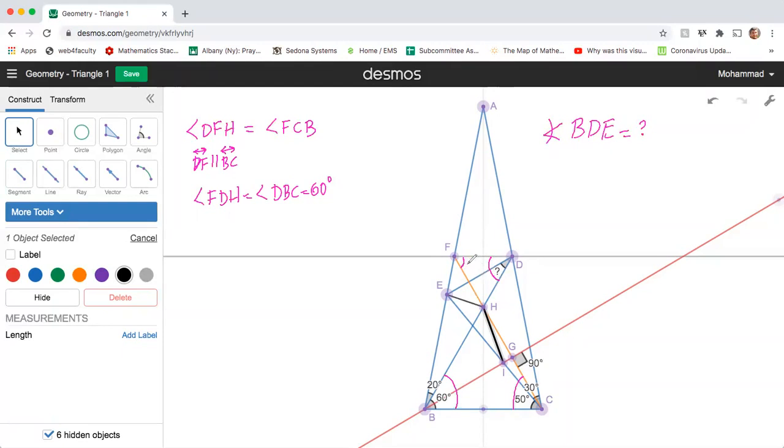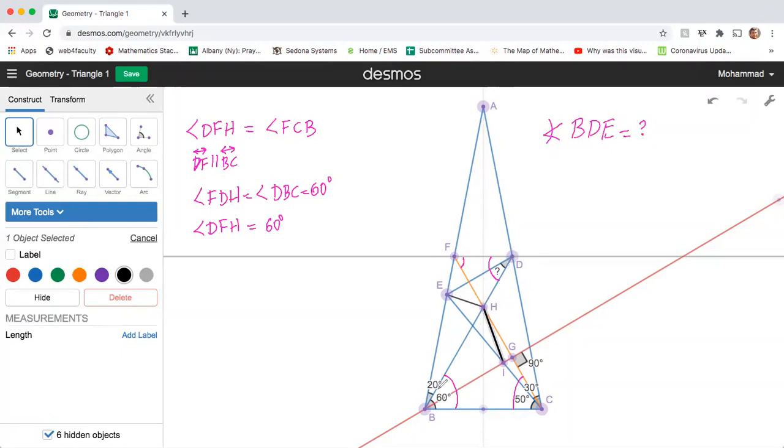And by symmetry, this angle is also 60 degrees. So angle DFH also equals 60 degrees because of the symmetry in the figure. It's an isosceles triangle.